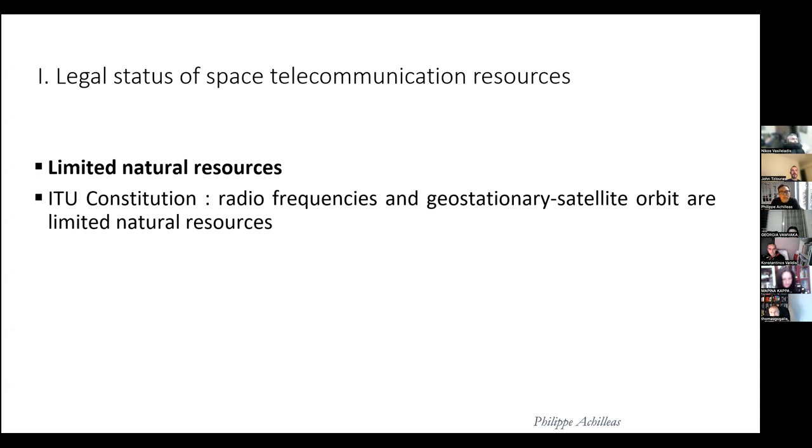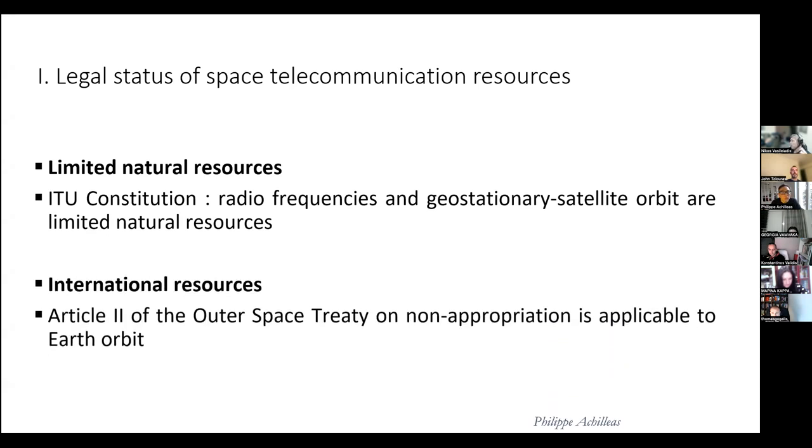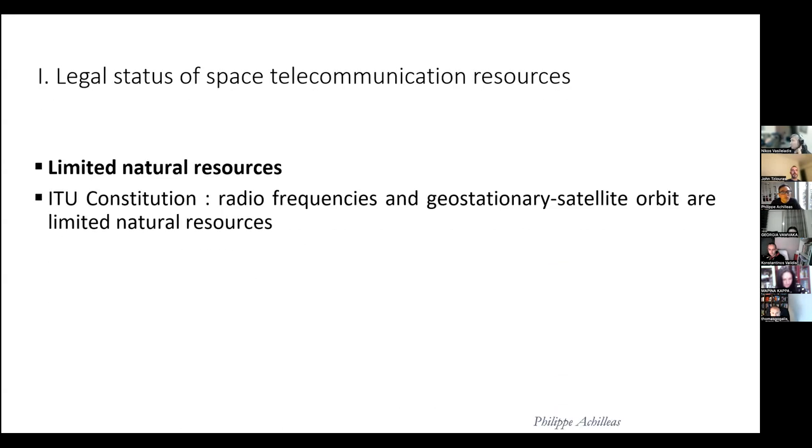Concerning the geostationary satellite orbit, which is very important for telecommunications and broadcasting, here again, it's just a unique orbit at 36,000 kilometers from the surface of the Earth. So the orbit is already fully occupied. There are no slots or very few empty slots on the orbit.